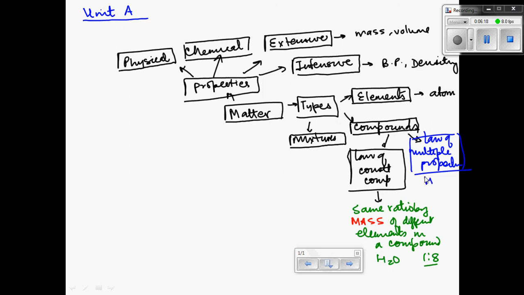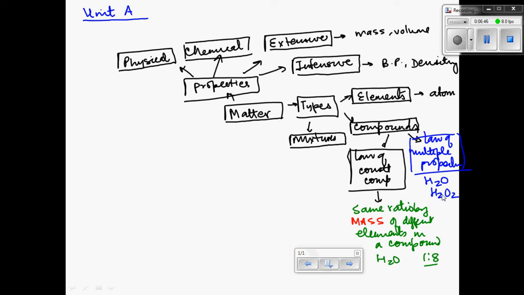Like in the case of hydrogen and oxygen, they form water and they form H2O2. You can take nitrogen and oxygen for example: NO, NO2, N2O3, N2O5. So the law of multiple proportions says with a fixed mass of one element, the mass of the other element that combines is in a small whole number ratio.